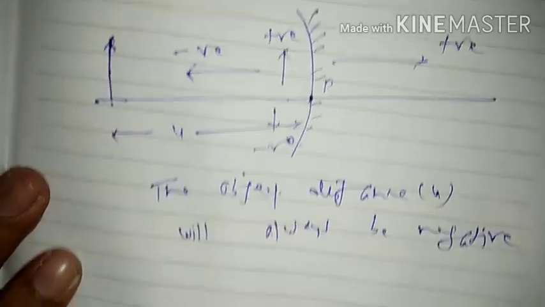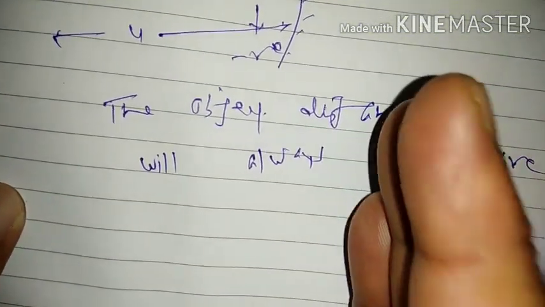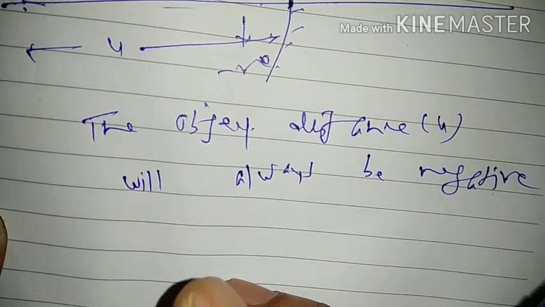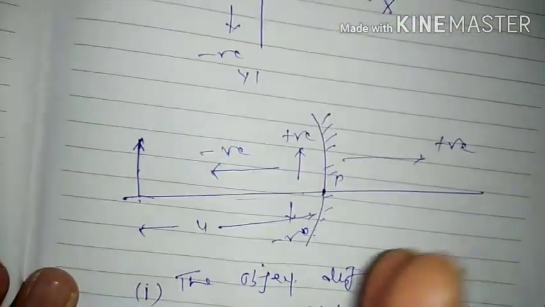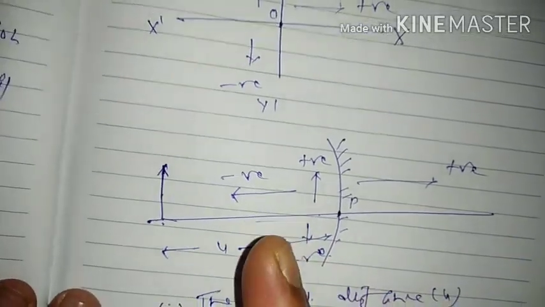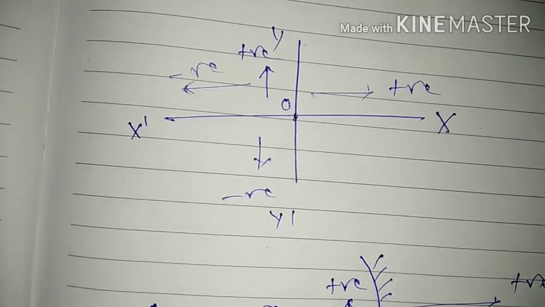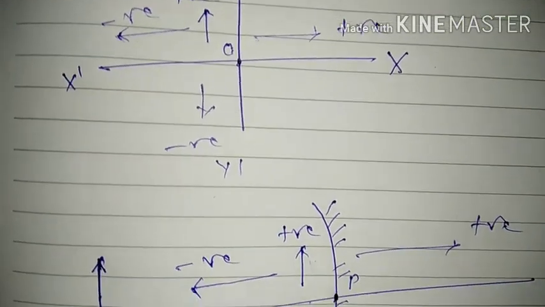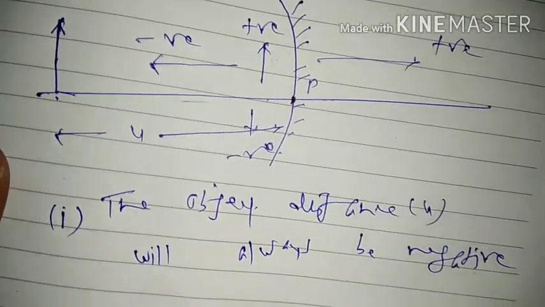This teaching is not only for your class 10. This concept is fruitful for your whole life of science study: whether it is a concave mirror, convex mirror, concave lens, or convex lens, every time during solving numerical problems related to mirrors and lenses, object distance u will always be negative.